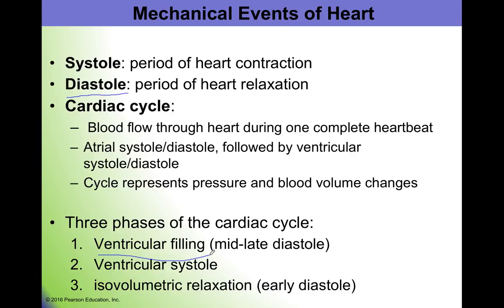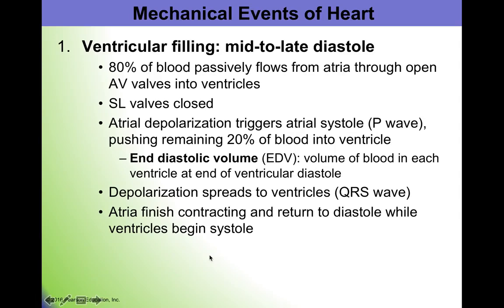Let's start with the first step, which is ventricular filling. So think about your heart. You have the two atria chamber on the top and you have the ventricles on the bottom, right? So if you're looking at this being basically your heart, you have your two atrium up here and your ventricles down here.